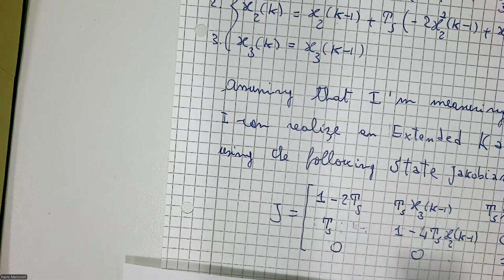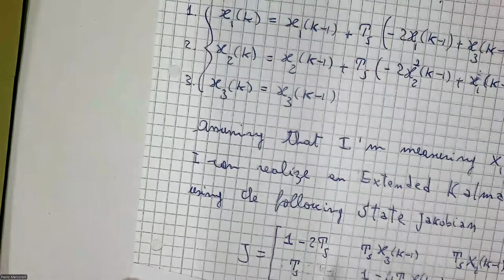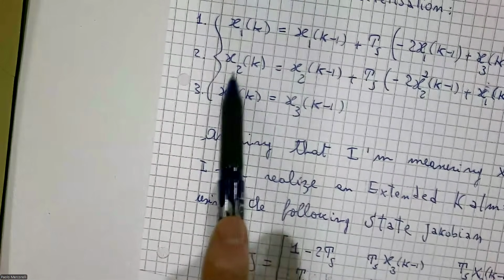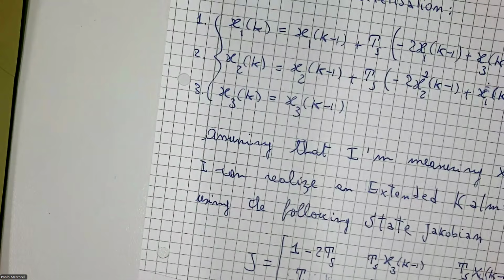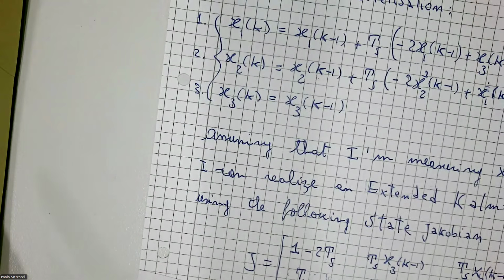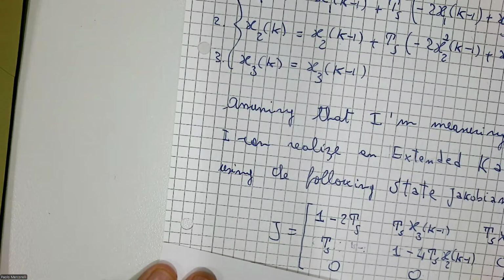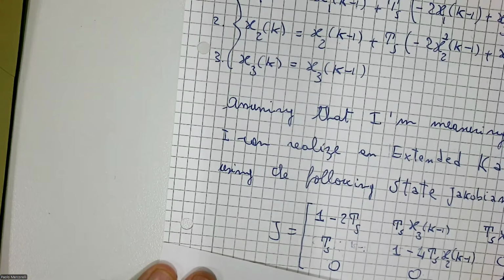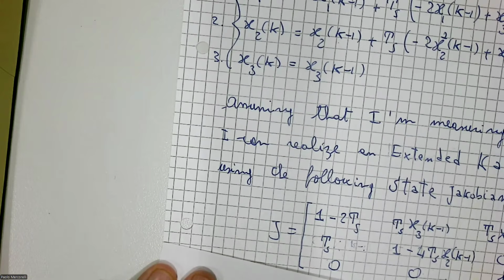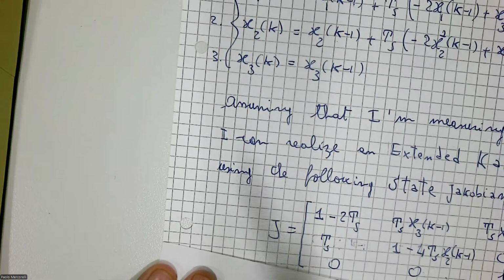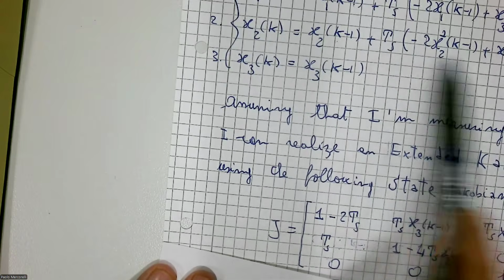Let me check this one, the second line. Why Ts? Because it's the derivative of x2 of k with respect to x1 of k minus 1. The derivative, to calculate this element here, is the derivative of x2 of k with respect to x1 of k minus 1. Excuse me, it's easier to show you than to explain with words. We can see that we have just this element here. Let me see.